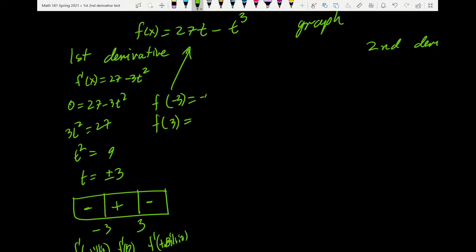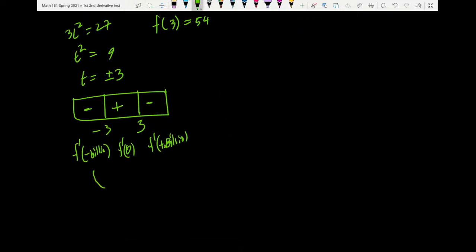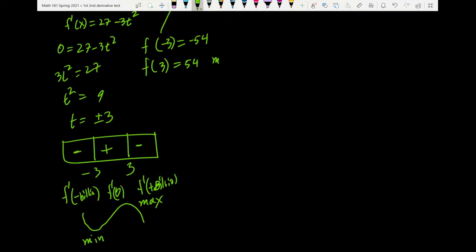So you're gonna get negative 54 and 54. So that's my critical point. And then what happens? Negative, positive, negative. That's my minimum, and that's my maximum. So max, minimum. Okay, we're almost there.